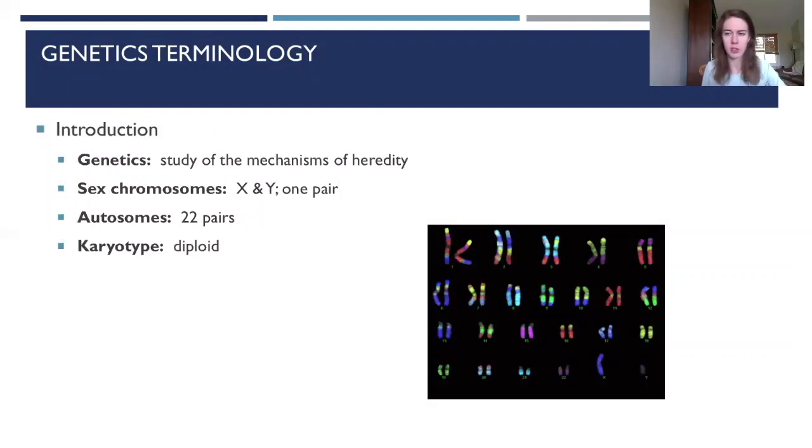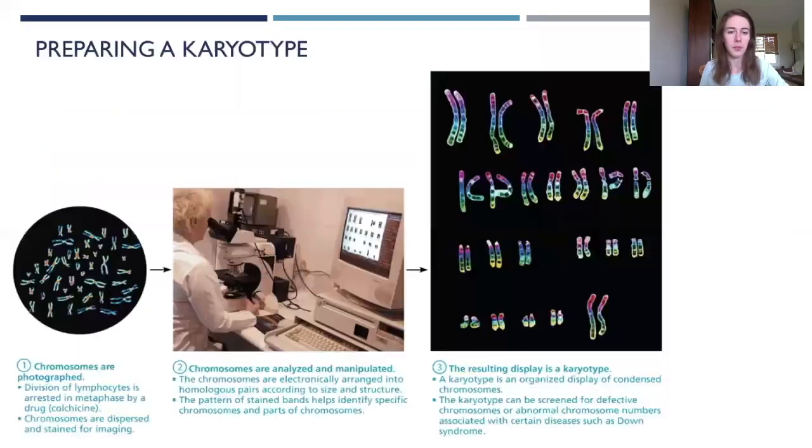The autosomes are just every other chromosome. The karyotype is this picture that you see on the slide. So it's just like a scientist arranges the chromosomes in this way so they are all matched up with their partner. So this is what that process looks like. You have to find all of the chromosomes, stain them, and then pair them up as best you can to try to align them.